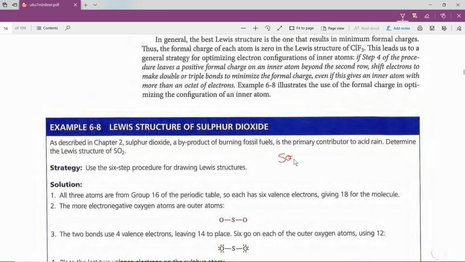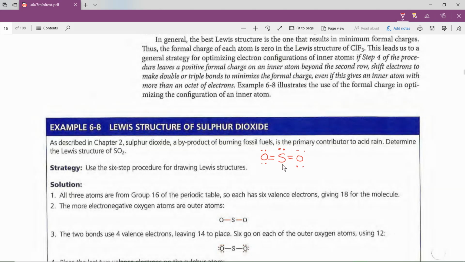So here's one way to get 18. 2, 4, 6, 8, 10, 12, 14, 16, and then put a lone pair on this sulfur in the middle, and this turns out to be the best representation, even though we have more than 8 electrons around it. Some books call it expanded octet, but an expanded octet is still an octet. Expanded valence is a better way to say that, not expanded octet.